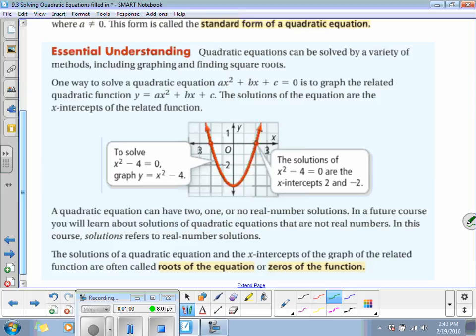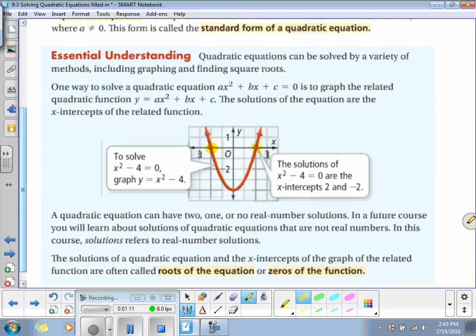So, x-intercept, where the graph crosses the x-axis. So, in this graph, those are my solutions. Those are the solutions of the function. So here, -2 and positive 2 are the two numbers that when you put them into the equation, give you a true statement. Is everybody clear?